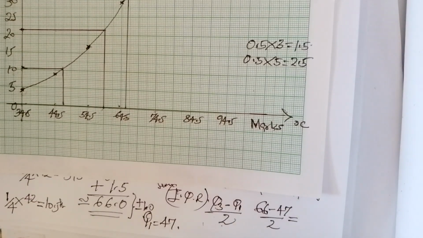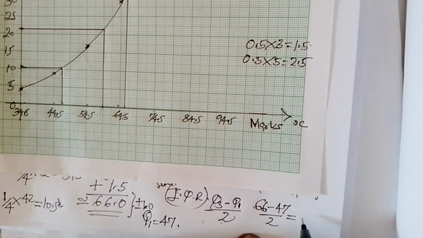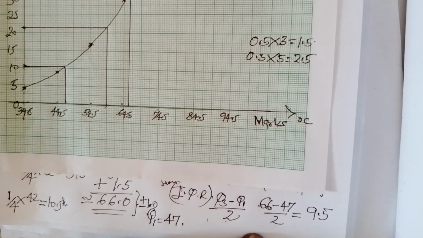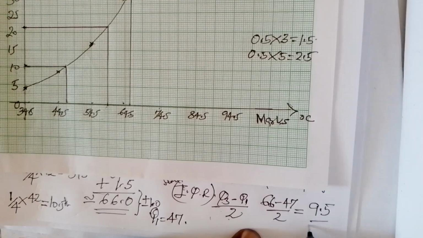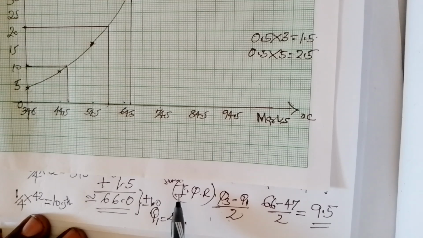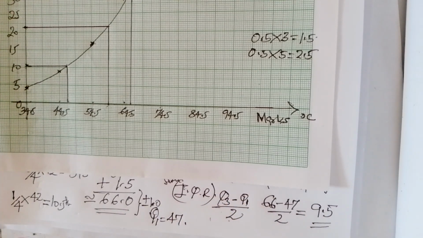Work out that. I hope you got a value of 9.5. So that is how you can also calculate the semi-interquartile range in case you are asked to do so by the examiner.